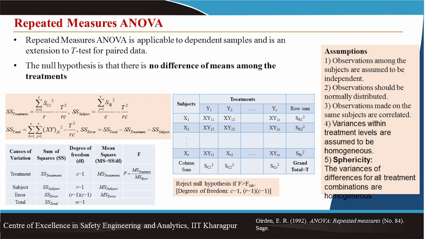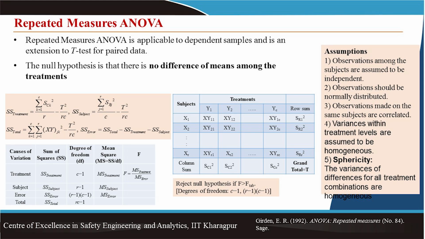So, three different treatments from the training point of view. Now, what is the subject here? If an individual goes through these three types of training method, then we can say that the subject has gone through repeated treatments.